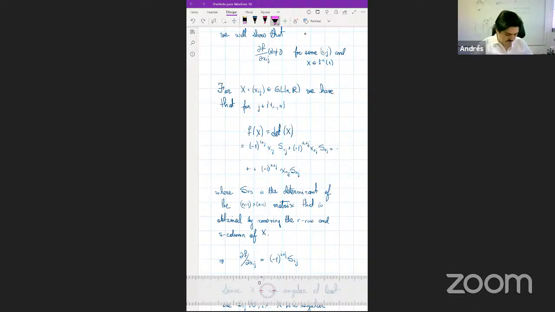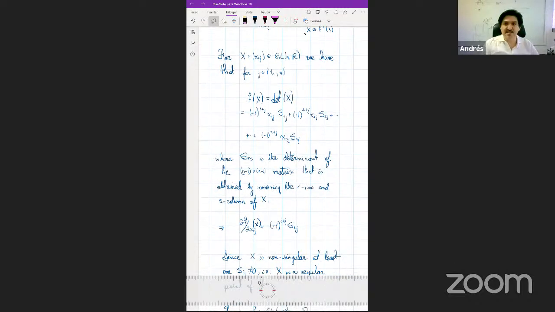Now, well, I forgot to evaluate this on x. But now x is non-singular, then at least one of the S_ij must be non-zero, right? Because I'm assuming that x is non-singular. So it's impossible that all of the minors have determinant 0. At least one of the minors is non-zero.